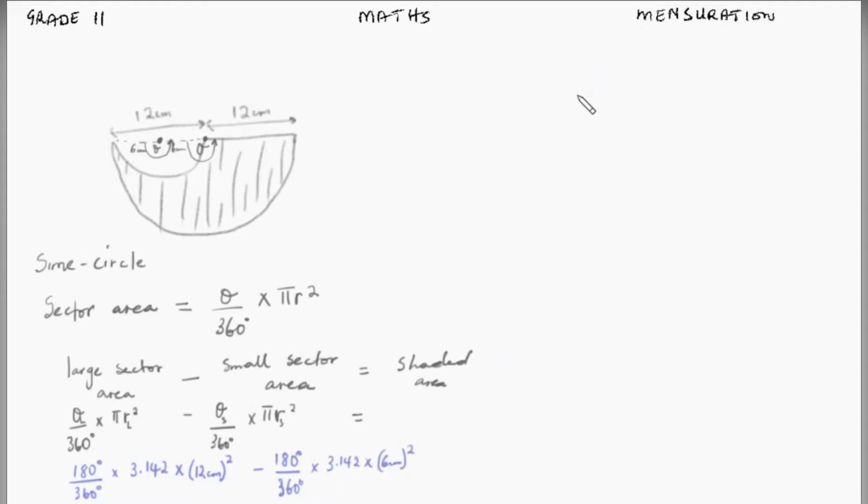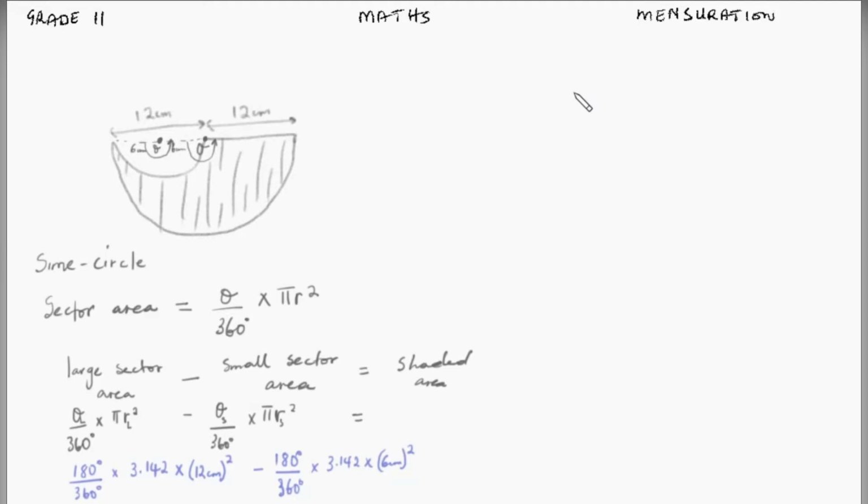Now, what we are going to do now is to work out the numbers. 180 degrees over 360 degrees is actually 0.5. It's half. Okay. Let me start with working out this. I started with 12 squared. 12 squared is 144.